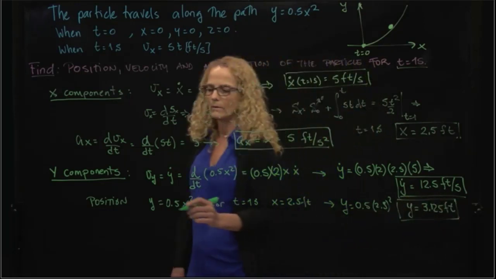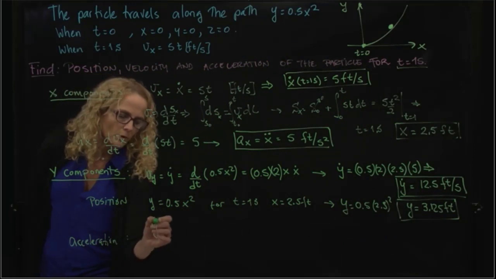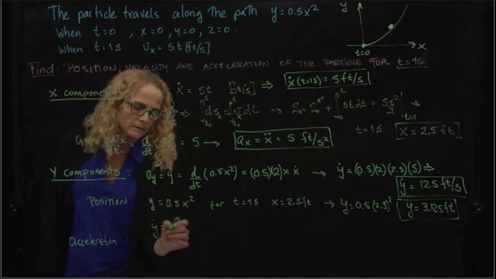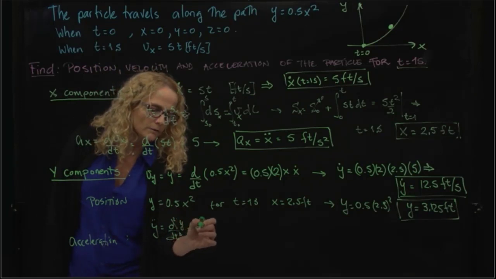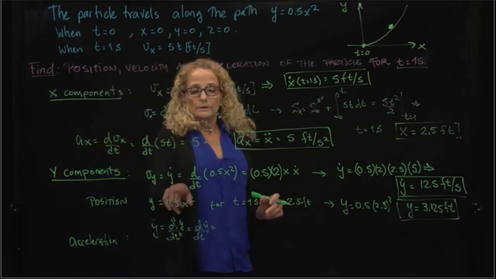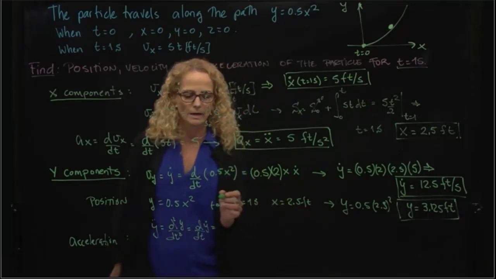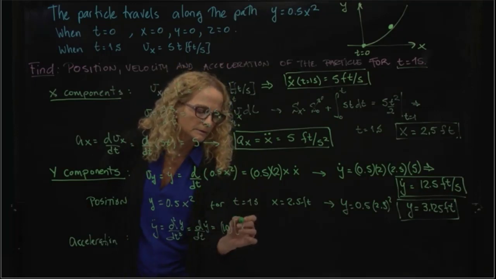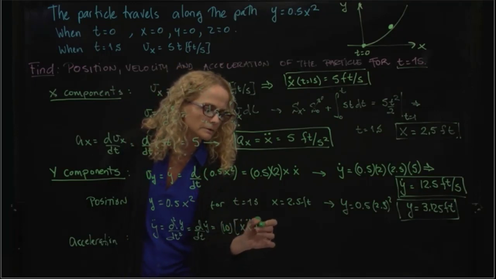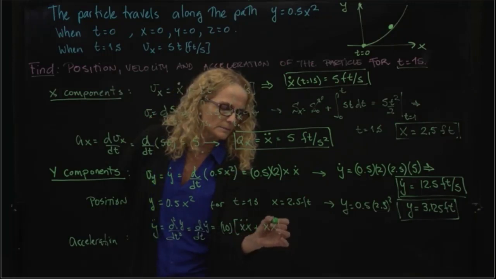And we need only the acceleration. So y double dot will be the second derivative of y, or the first derivative of y dot. So we have to differentiate this expression twice. We have 1 times x dot plus x times the derivative of the second.